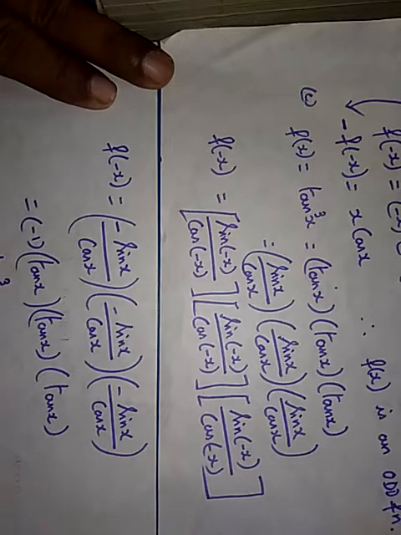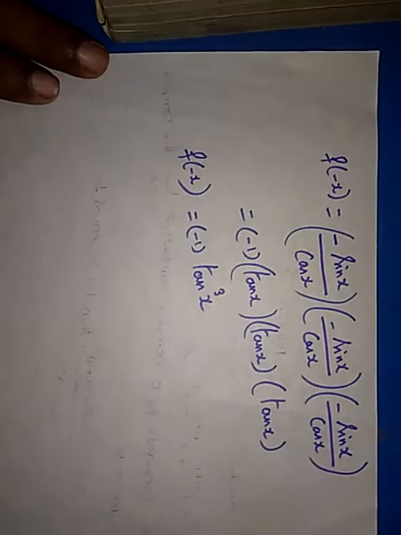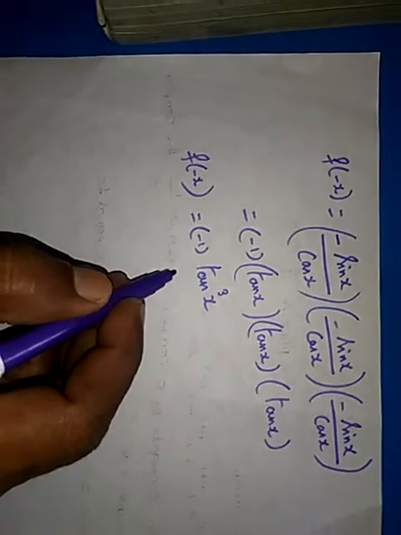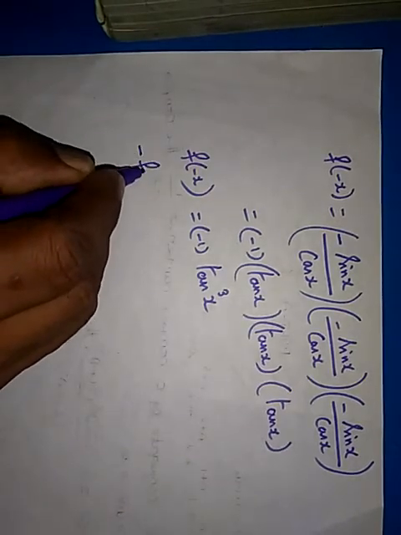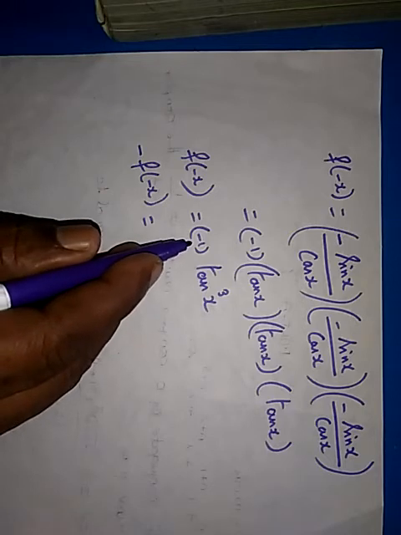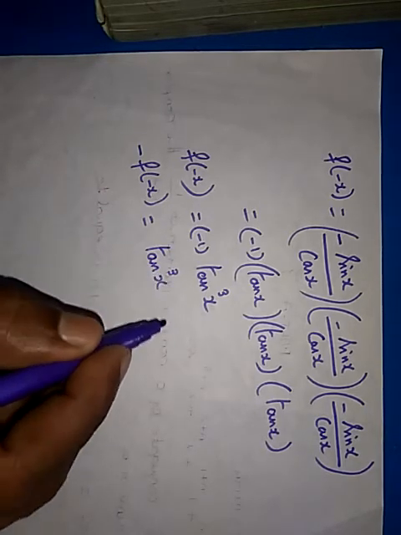Now this is f of minus x. Now minus f of minus x: you are multiplying by minus 1, so if you multiply by minus, this will become plus. So this will give you tan cube x.